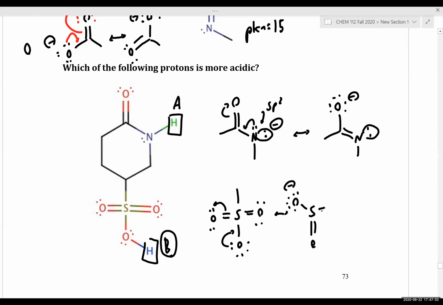This presents a very, very strong stabilizing effect as a result of this delocalization, and because our anion obtained by removing proton B is very stable, proton B is more acidic. Does that make sense to everyone?